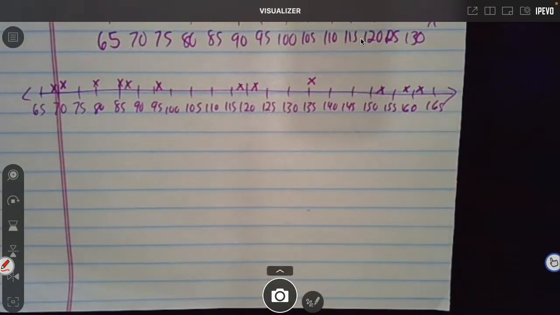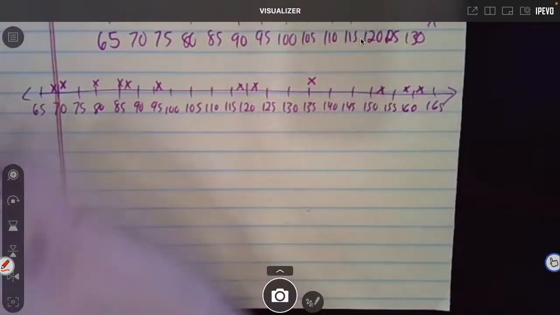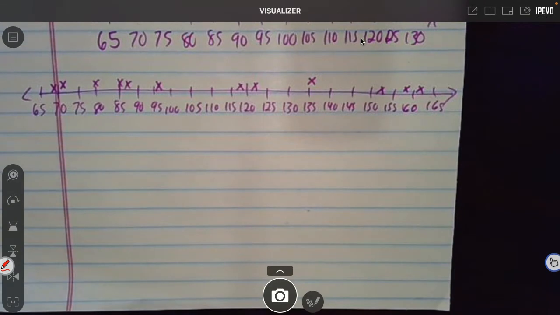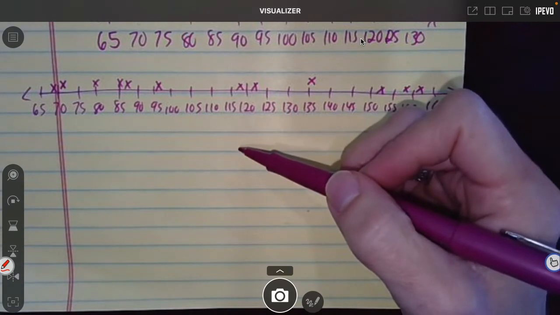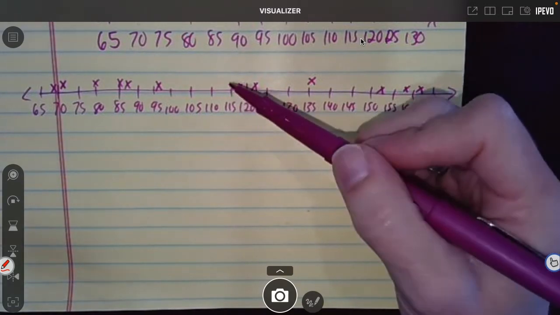I've marked them. Now I have to use that mean and standard deviation. I'll wait on everybody. Would you just dot where your mean and standard deviation are? Well, yeah, so my mean was 111, right?